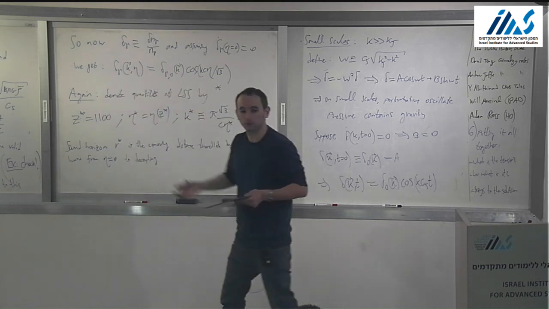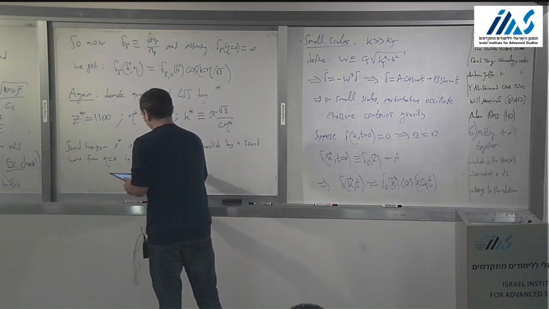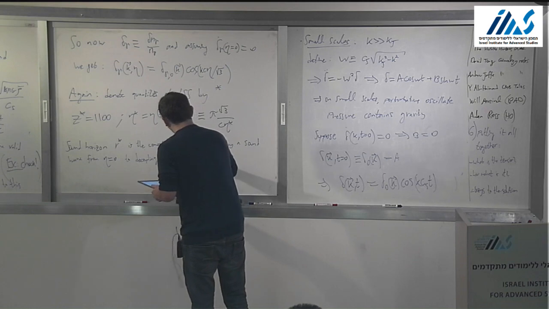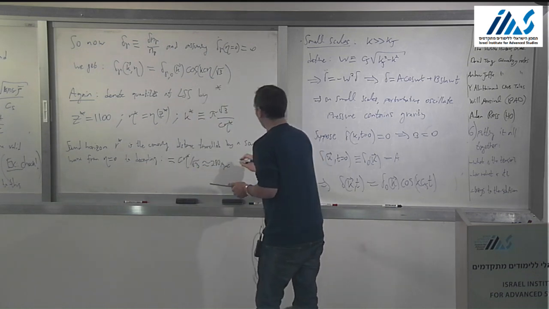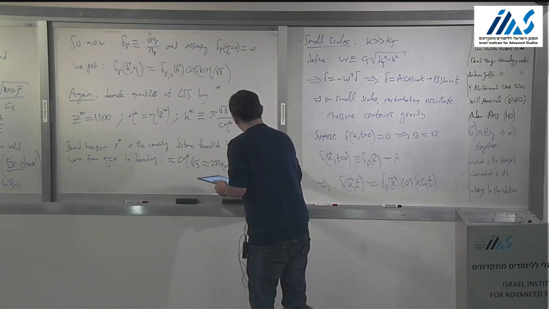Decoupling is another name for last scattering surface or recombination. And this is equal to c eta star over square root of 3, which is roughly 280 megaparsec. Which means that k star is roughly 0.02 inverse megaparsec.